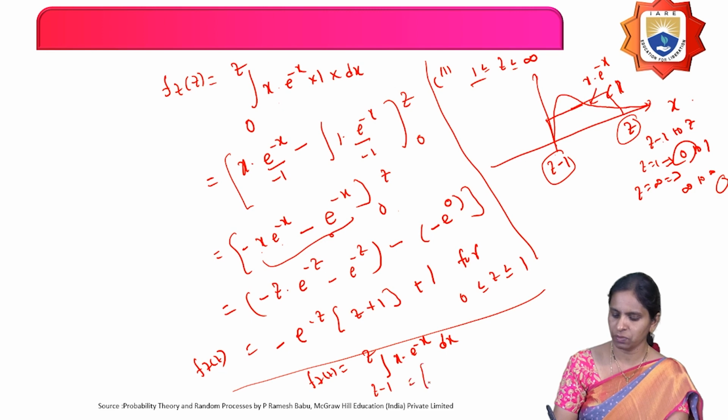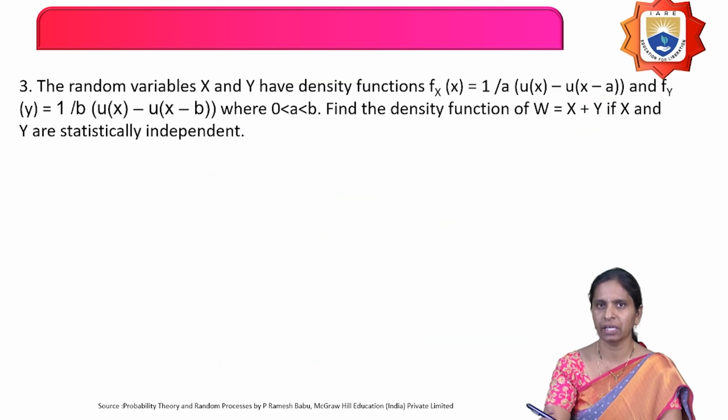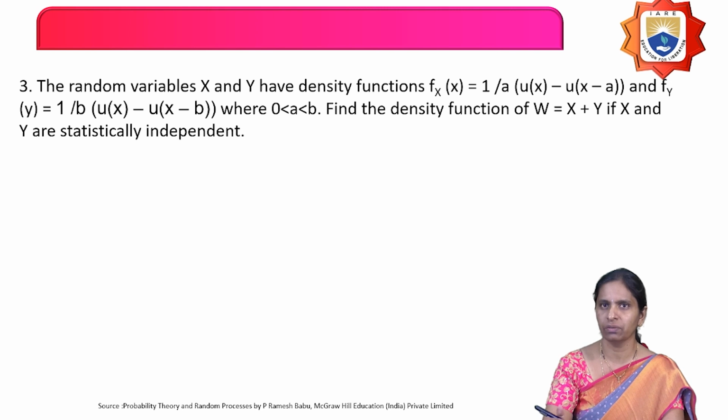If you simplify this, the integration of x into e power minus x is minus x e power minus x minus e power minus x, and the limits are from z minus 1 to z. Then substitute the upper and lower limits so that you get fz of z from 1 to infinity. Like that, you can calculate the density function of the sum of two random variables by calculating the convolution of the density functions of those two random variables.